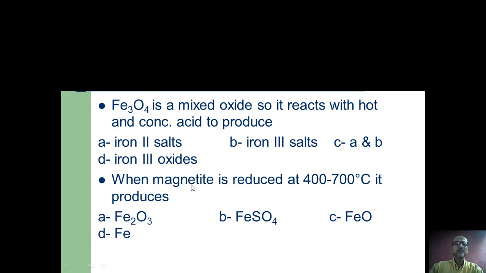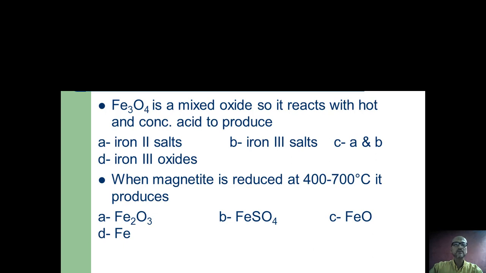Next, when magnetite is reduced at 400 to 700 degrees Celsius, it produces: A. Fe2O3, iron 3 oxide, B. FeSO4, iron 2 sulfate, C. FeO, iron 2 oxide, D. Fe.